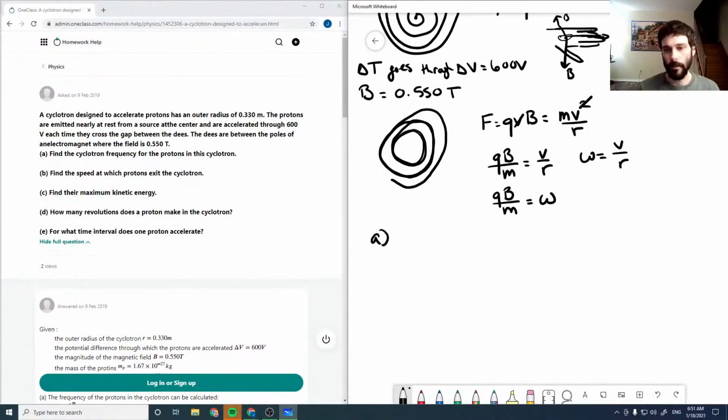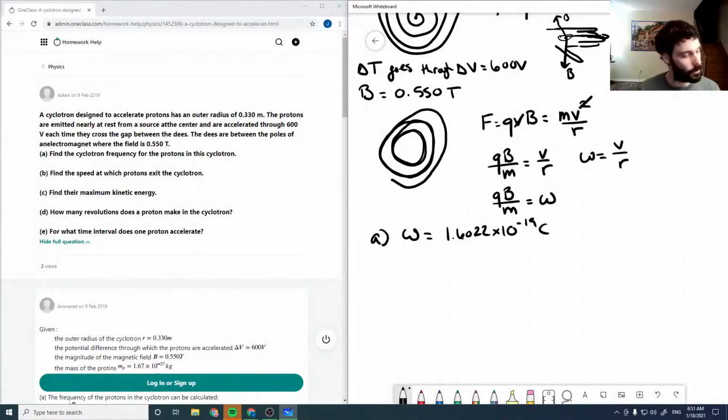So for A, omega is the charge of an electron, 1.6022, charge on a proton, which is just the positive of the charge of an electron.